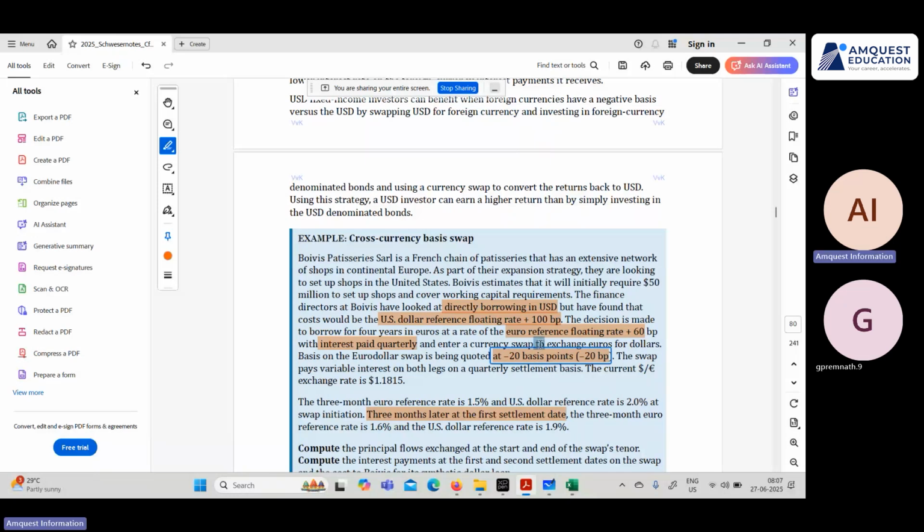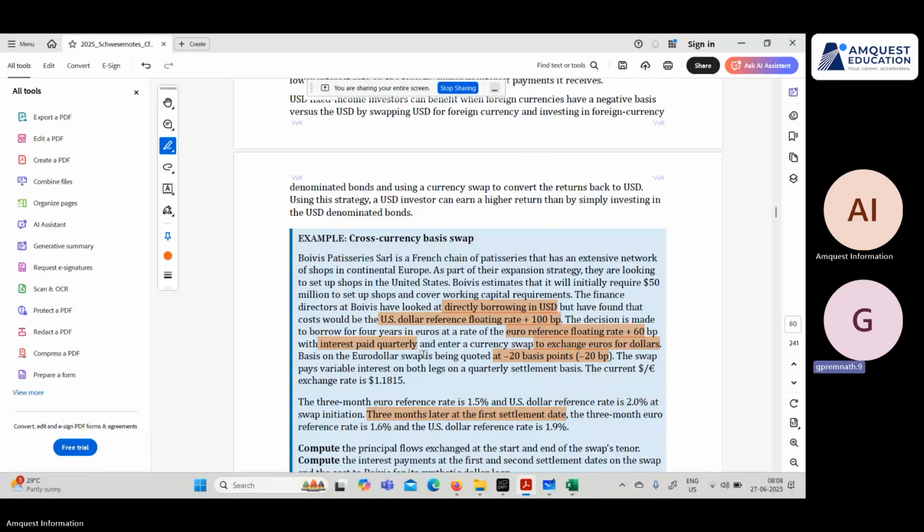So when you say that it is US dollar plus 100, this transaction is happening when he's going to do it directly from the bank. But here he is going to give away the US dollar rate, but he is going to receive the Euribor minus 20 pips. Does it make sense?